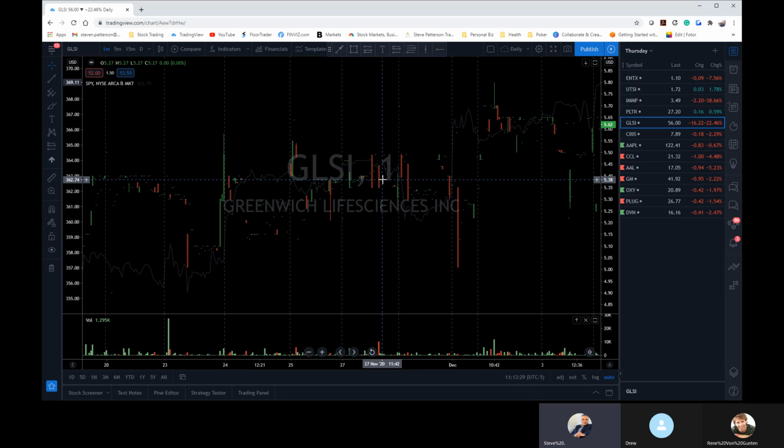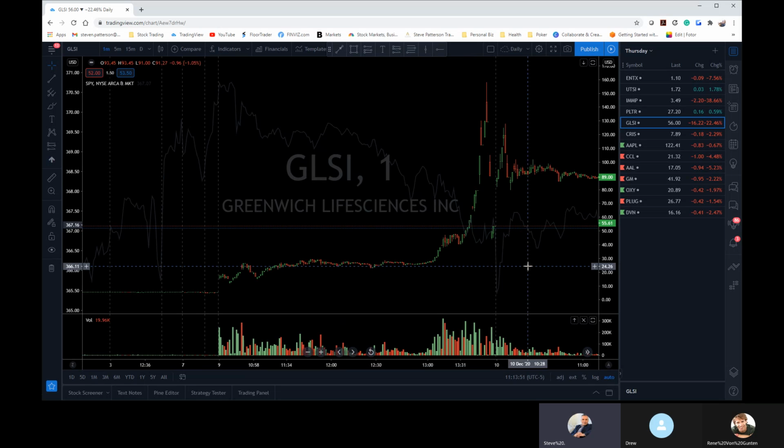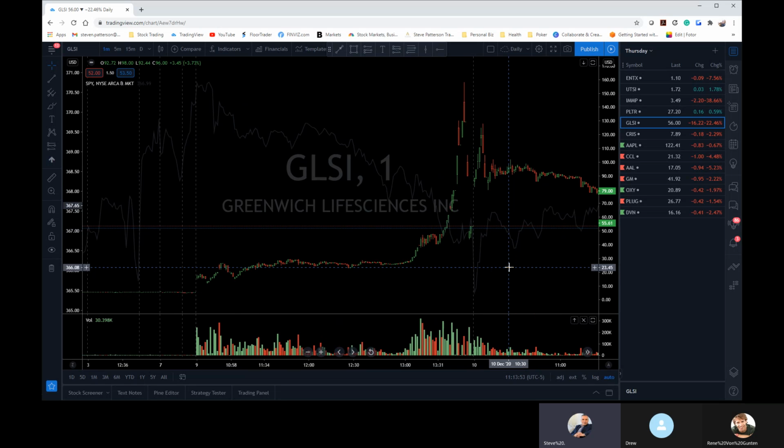The possibility of a sustained directional move increases with higher current liquidity. Do you guys understand current liquidity and why it's important?